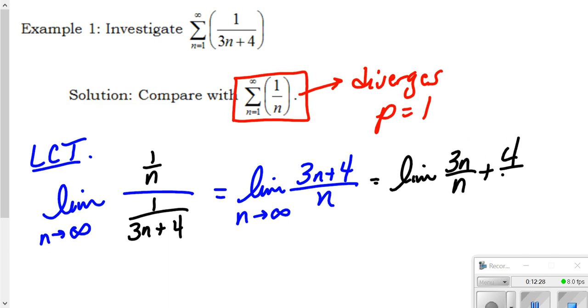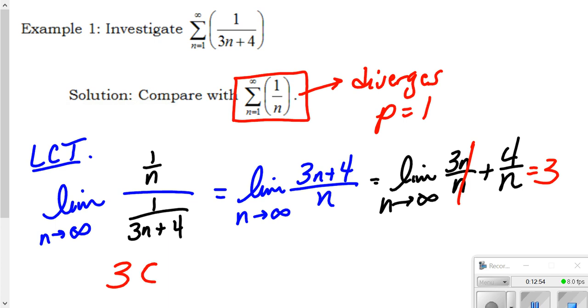These n's go away. Okay, so those n's cancel, and then I have 3 plus 4 over n. 4 over a huge thing is going to go to a small thing, and so here I get 3.